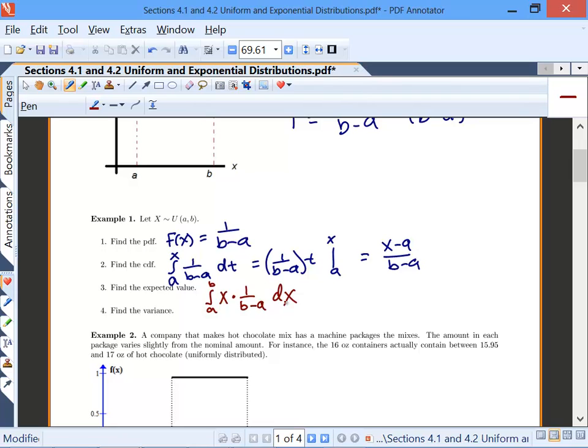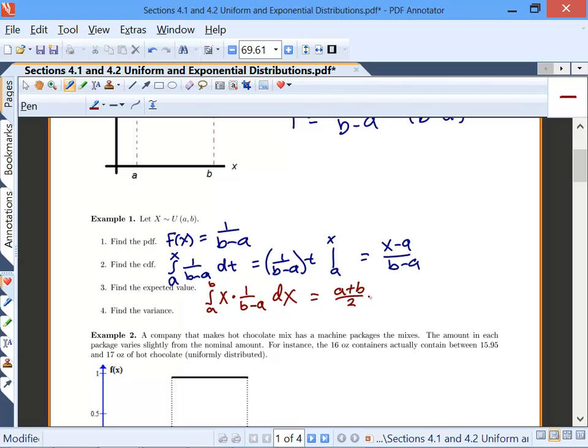Let's go ahead and put it in our calculators. So we get A plus B over 2.